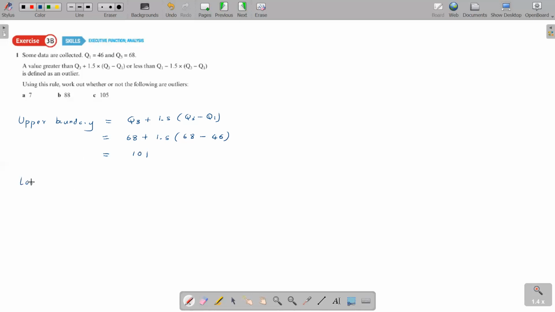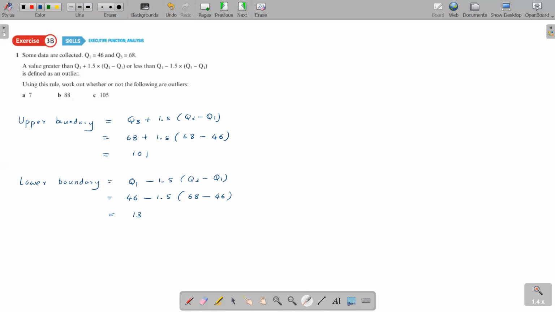And what's the lower boundary for the outliers? Q1 minus 1.5 times (Q3 minus Q1). Q1 is 46, minus 1.5 times (68 minus 46). How much is it? 13.